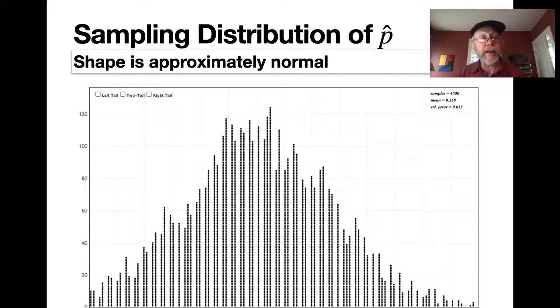You can see that characteristic normal shape. In fact, it's a theorem. It's another result of what we call the central limit theorem, that the sampling distribution of p hat has an approximate normal distribution, and that approximation gets better as the sample size gets larger.